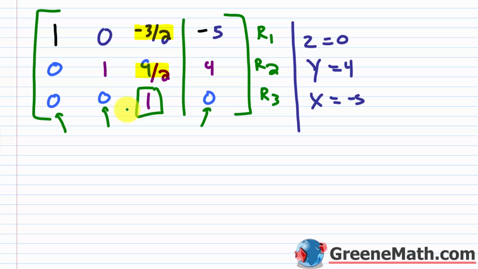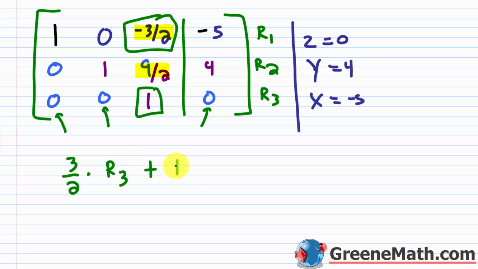And what makes it easy is that when I multiply by 0, I get 0. If I add 0 to something, it leaves it unchanged. So if I want to multiply 3 halves, the additive inverse of -3 halves, times my row 3, in every case, it's going to be 0, 0, and 0 over here. So when I add those to the corresponding entries, nothing's going to change. So the only thing that's going to change is this, okay?